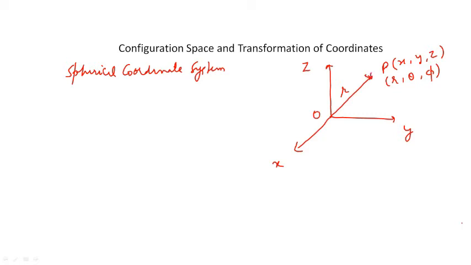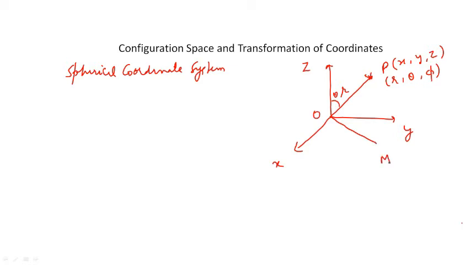Theta is the angle made by OP with the z-axis. This is your theta, and suppose it is the line OM.